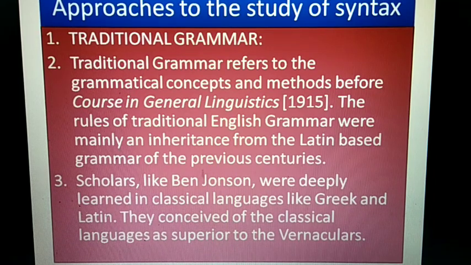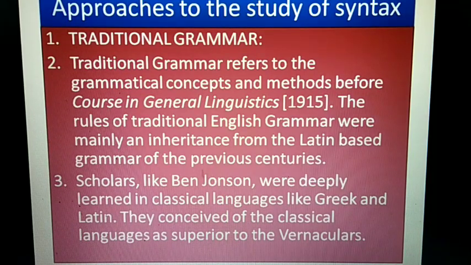And hence we say that traditional English grammar is a grammar which is an extension of the classical languages, especially Greek and Latin, especially Latin, because the Romans came to the British Isles and they settled there, all right? And with the Romans came the Latin language, all right? And thereafter you have the Norse people coming, and of course the French people coming. So French also influences. So we understand that the traditional English grammar were mainly inheritance from the Latin based grammar.